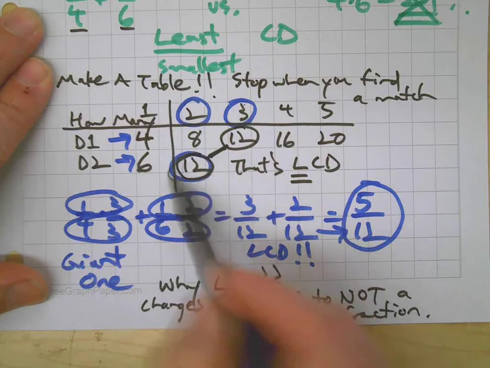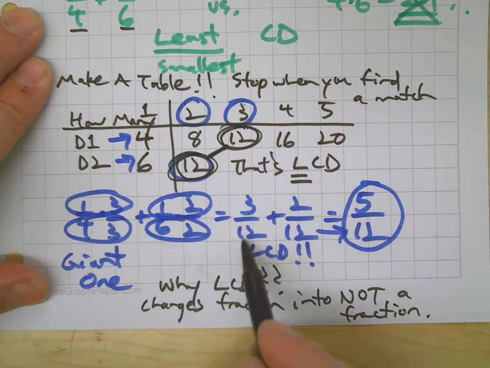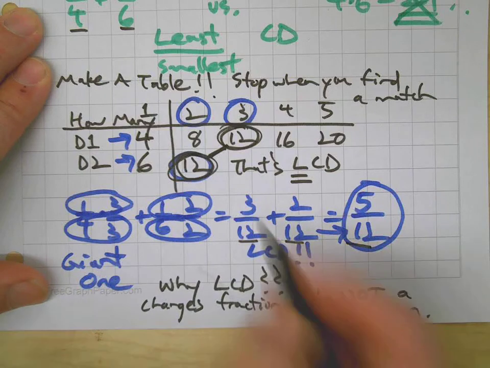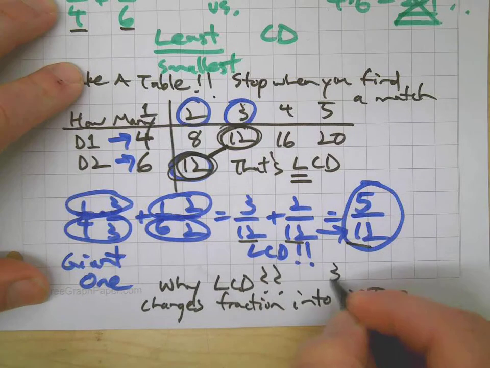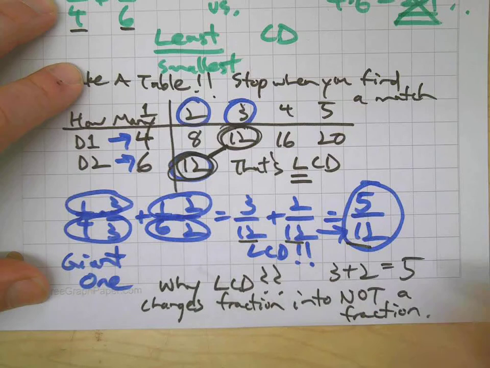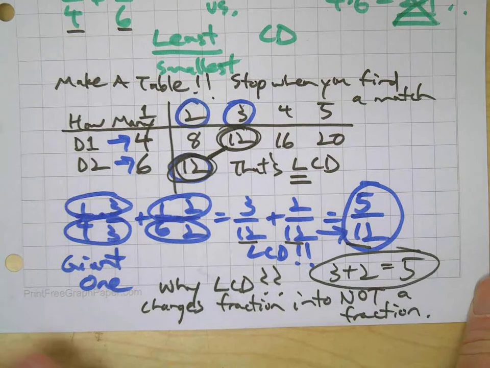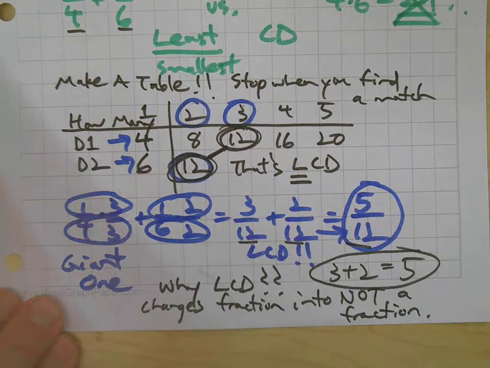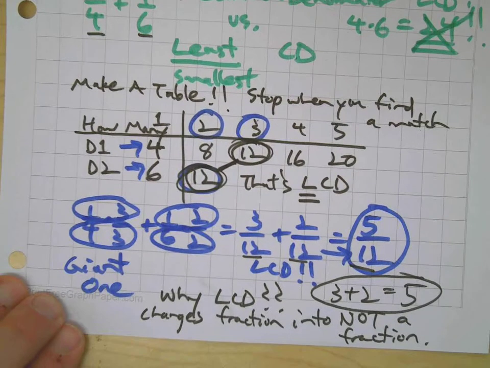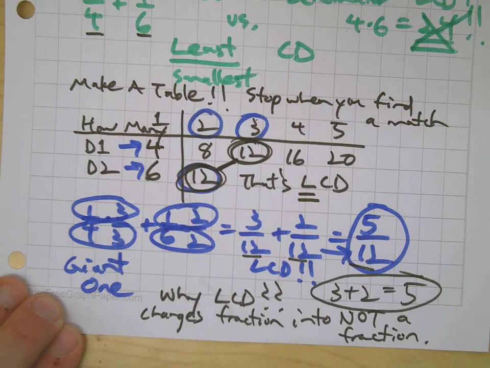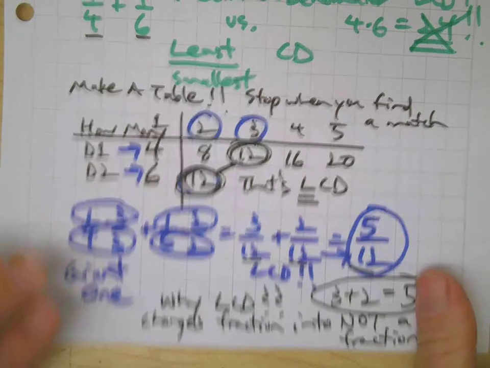Did you see how that happened there? Once we found this, that number just kind of sits there on the bottom, and all we really had to do was 3 plus 2 equals 5, which anybody could do, right? Come on. So that's the best reason to find a least common denominator, is so you can take that fraction problem that you don't like and make it into not a fraction problem that you do like.